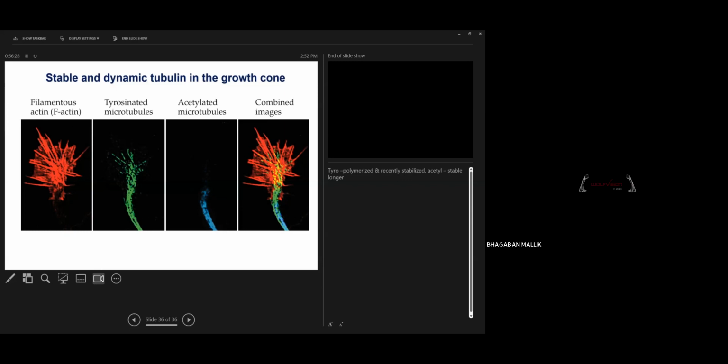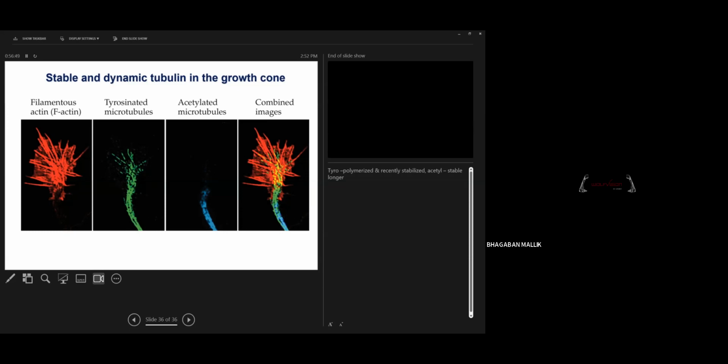The axon terminal, the growth cone, is enriched with filamentous actin-like structure, which is providing support and also helping in the growth of the axon terminal.